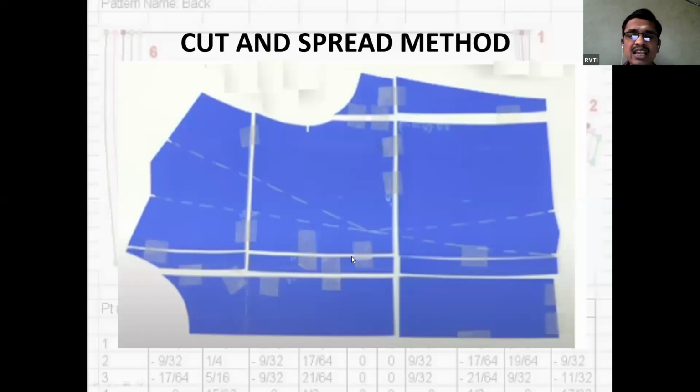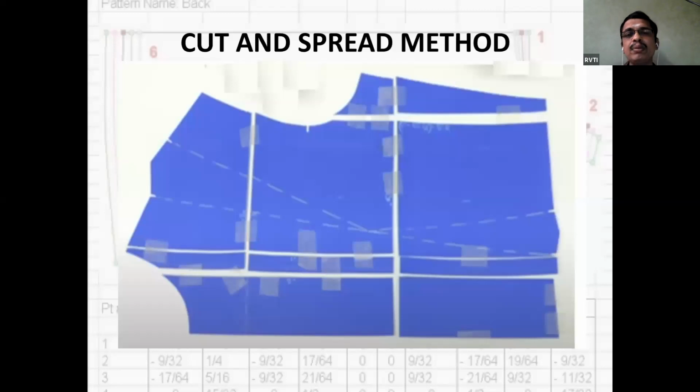For preparing S to M, I have to cut and spread. Suppose I have an M pattern and I want to prepare an S pattern, I have to cut and lap. You know the slash and spread method and the slash and lap method very well. If I have a puff sleeve, I can easily convert it to a plain sleeve using the slash and lap method.